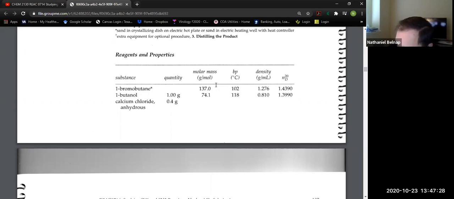And then you multiply that by 100, and then you get your percent yield. So 1.447 divided by 1.84 times 100, you get a 78.82% recovery.